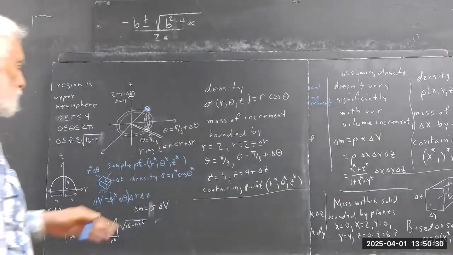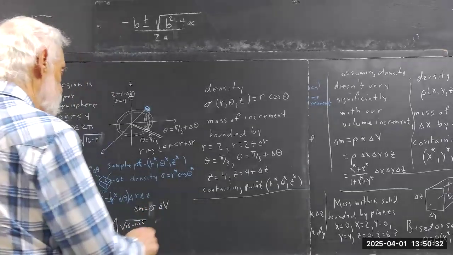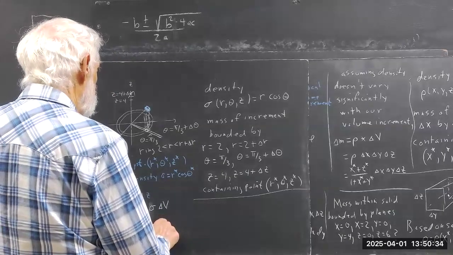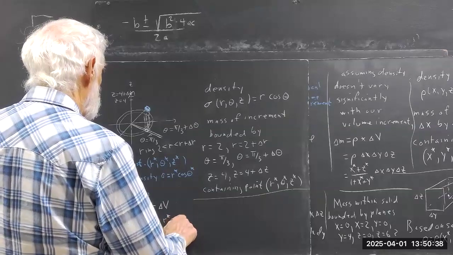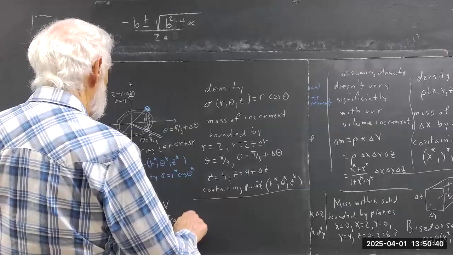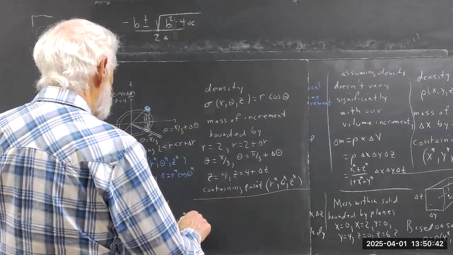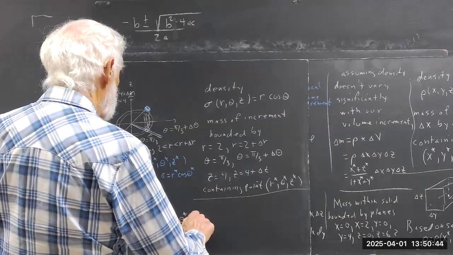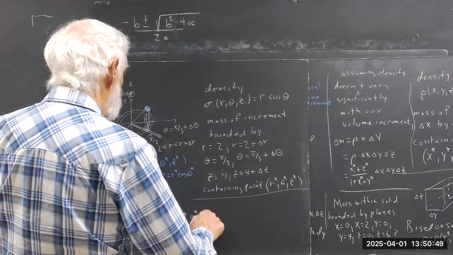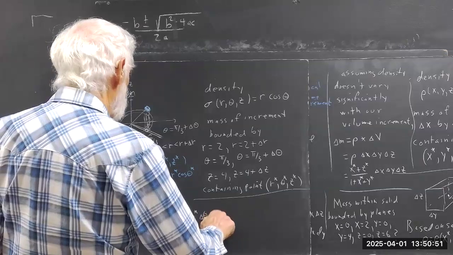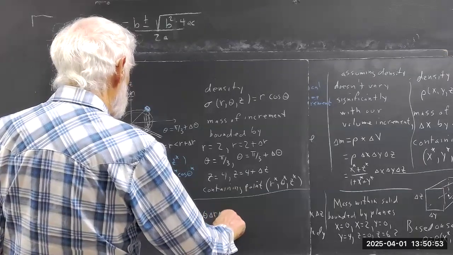So delta M equals sigma delta V equals R star cosine of theta star times R star delta theta delta R delta Z.